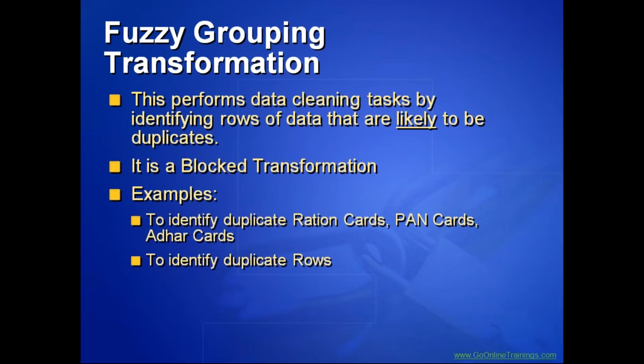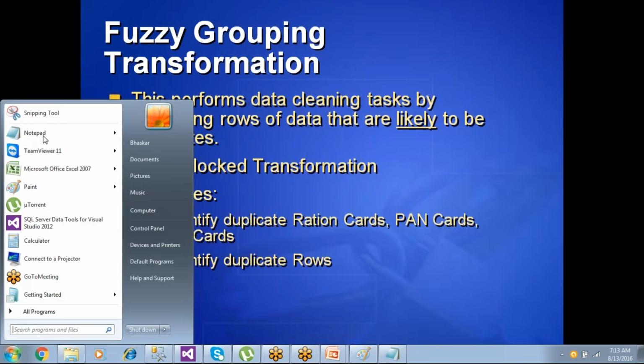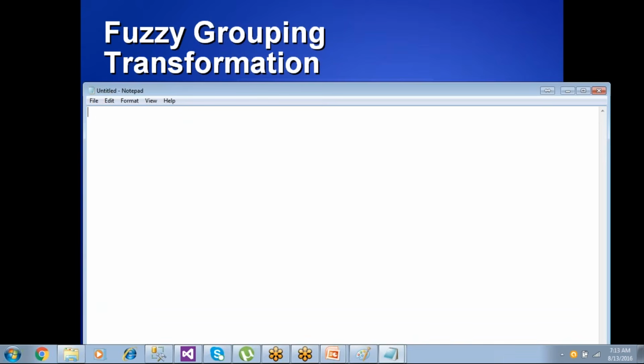So let us understand how fuzzy grouping can be used to identify these issues. For example, you apply for some kind of a card. So you may have the card number, the name of the person, the date of birth, the father's name, and the city in which you applied for, say, some voter ID. Something like that.